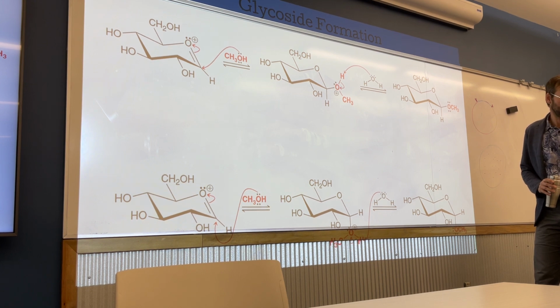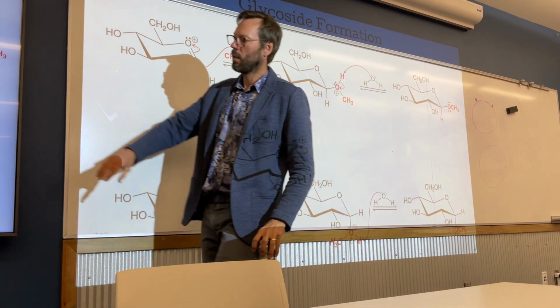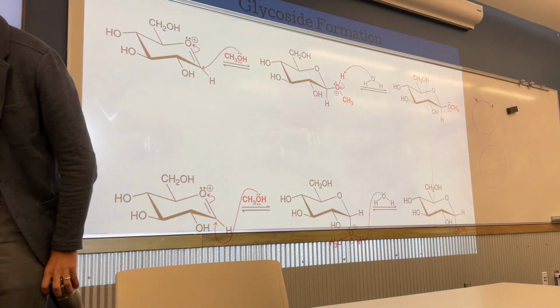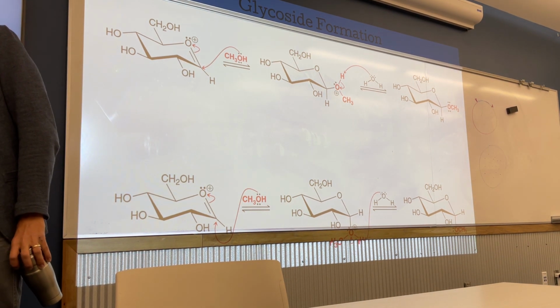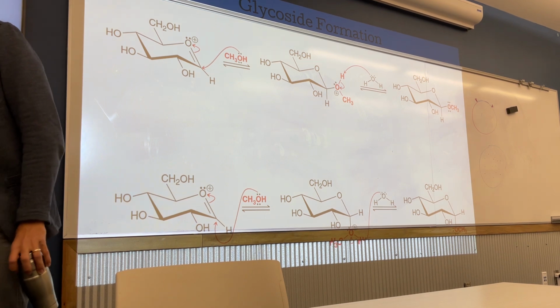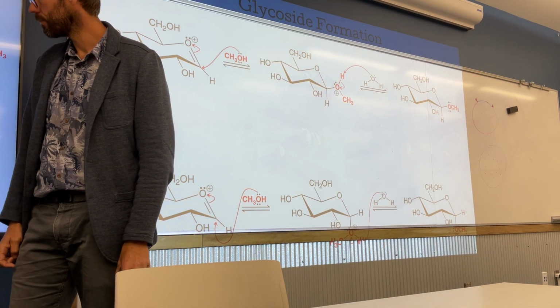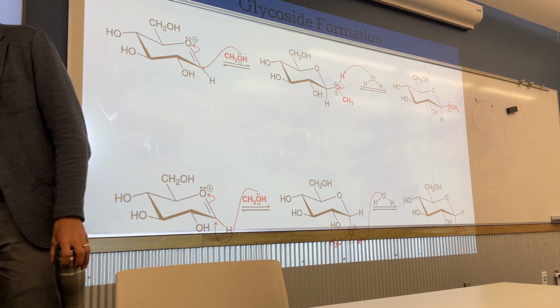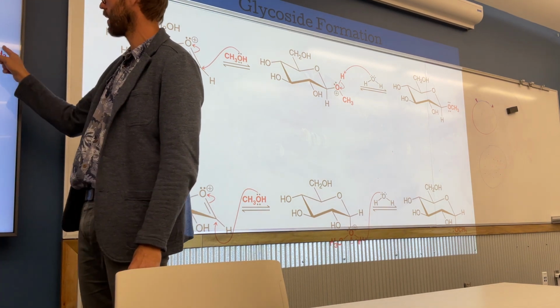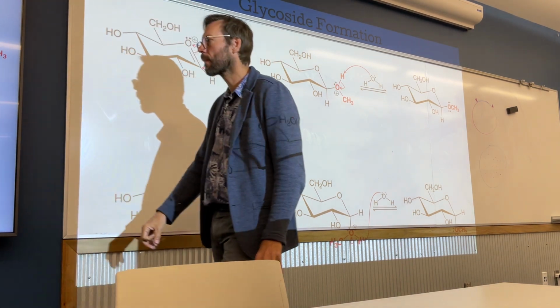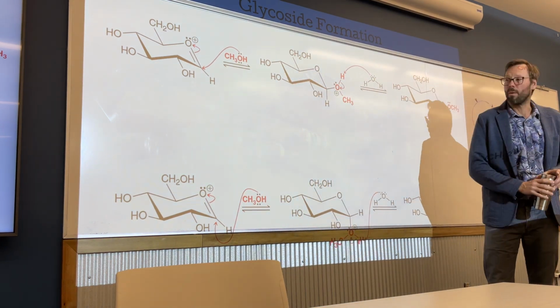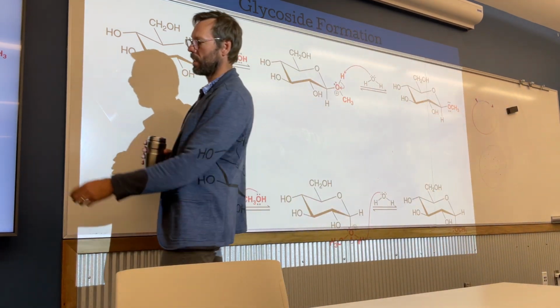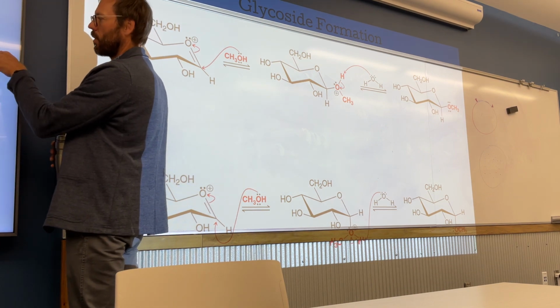It might be that the lone pair on that oxygen in the ring, maybe it's avoiding the lone pair here. Coming down here, even though this hydroxyl group is here, because that one's axial on the one and in this case it's equatorial.